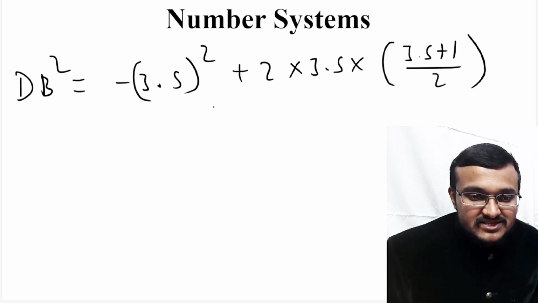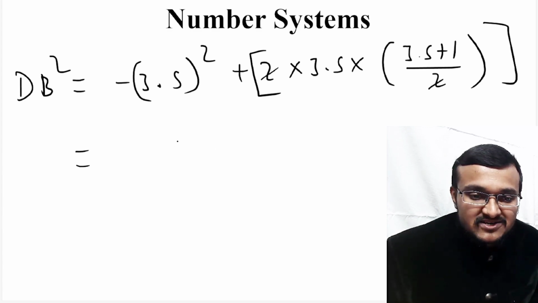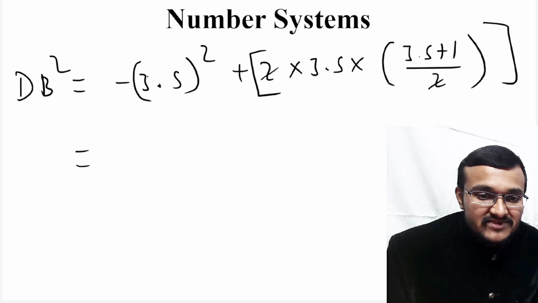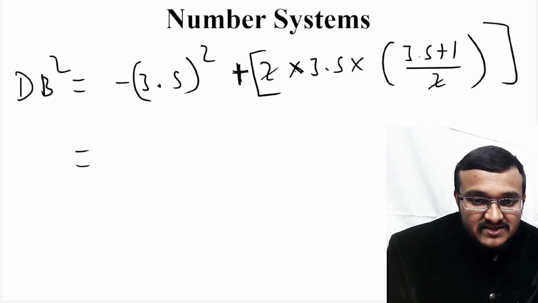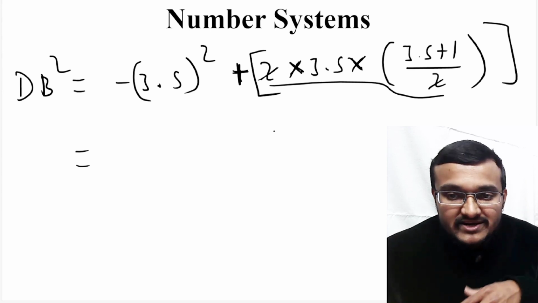Now you can solve this. In this value, there is a 2 in the numerator and a 2 in the denominator, so they cancel each other. You can't cancel with the other value because there is a plus there. Since multiplication is inside this, only here I am cancelling the 2 in the numerator and denominator.